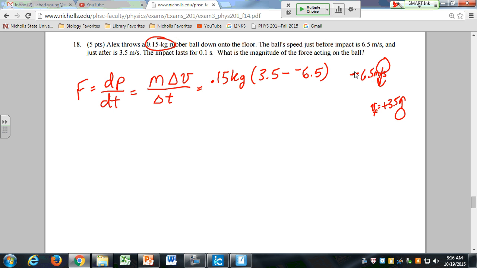It's minus because this is VF minus VI, and notice that VI is negative initially. So watch your signs. That's really the trickiest part on these problems, getting your signs right. Divided by the change in time, which is 0.1 seconds. So this becomes 10, so it's 1.5 over 0.1, which is 15 newtons.